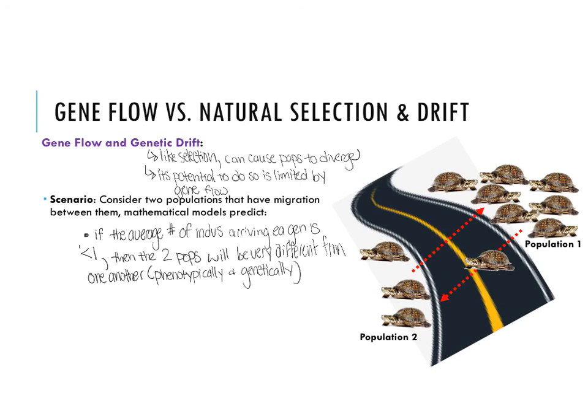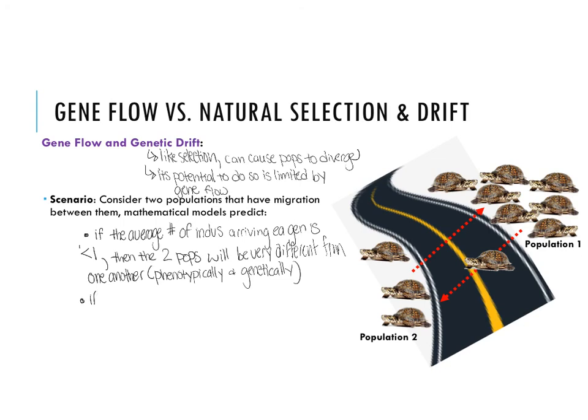If you're moving, it just means that you don't have migration happening every generation. And the less and less migration you have, genetic drift can cause populations to diverge, and the gene flow is not there to prevent it. But all it takes, the point of this, is 1 individual a generation.